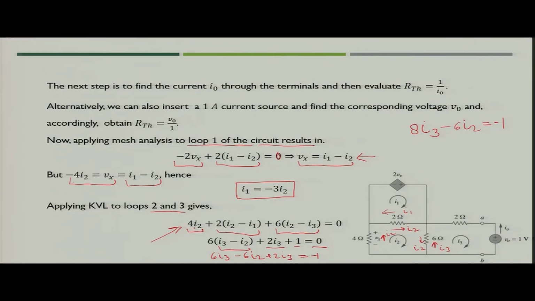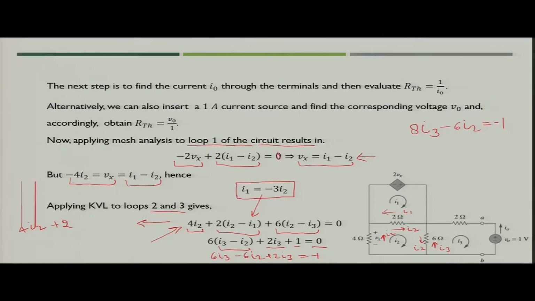Now, if you simplify this equation, what will you get? You get 4 I2 plus 2 I2 and then minus I1. So, what will you do? You will put the value of I1 here, and the equation you can simplify as 4 I2 plus 2 times, since you put the value of I1 as minus 3 I2, this will become 4 I2.